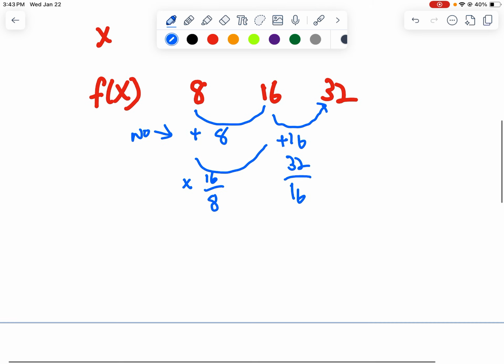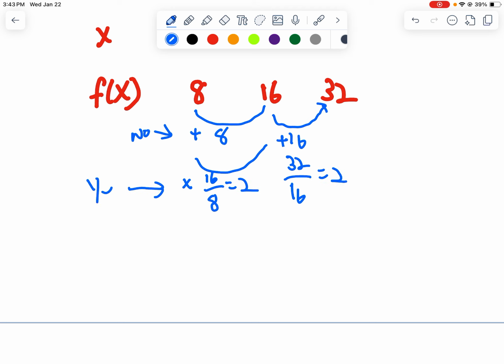It looks to be that they are equal. It's 2. So we know it's exponential. So this is yes, f of x is exponential. And then we just have to use the techniques we saw in the previous problem. We know that r, or b, the base, is 2.